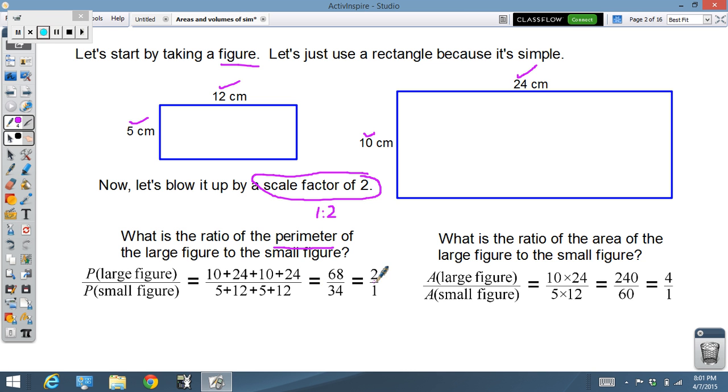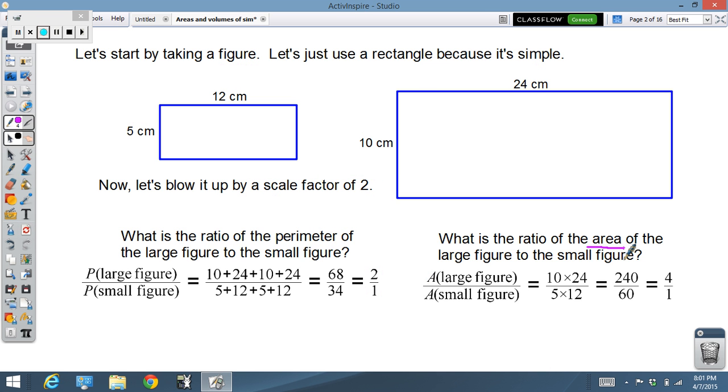After we calculated it out, we found that the perimeter was changed also by the scale factor of 1 to 2. They're written differently, but you see that the perimeter ratio and the scale factor match depending on how you write it. But then we also said, let's look at what happens to the area.